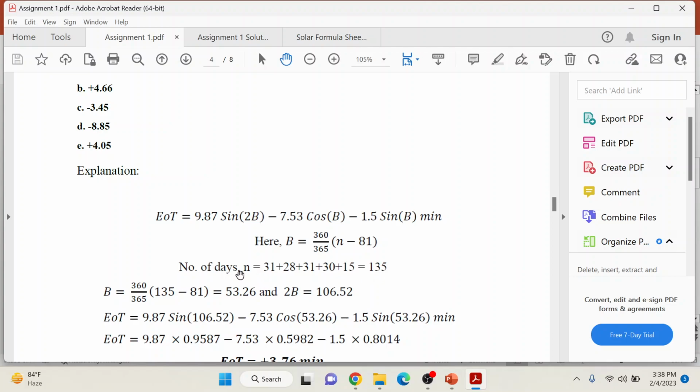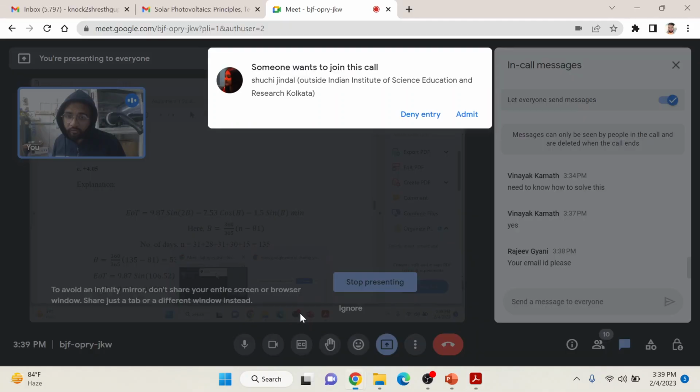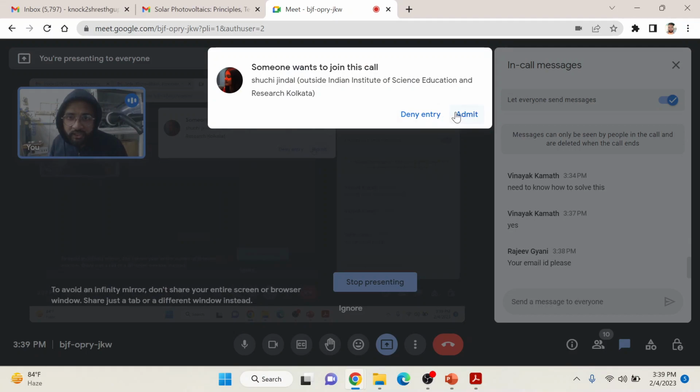Okay. So B will be 360 by 365 times (135 minus 81), which is 53.26. So 2B will be twice of this, that is 106.52. So if we put all these parameters in this equation of time, which has already been shown to you, what how this equation came. Suchi, okay.